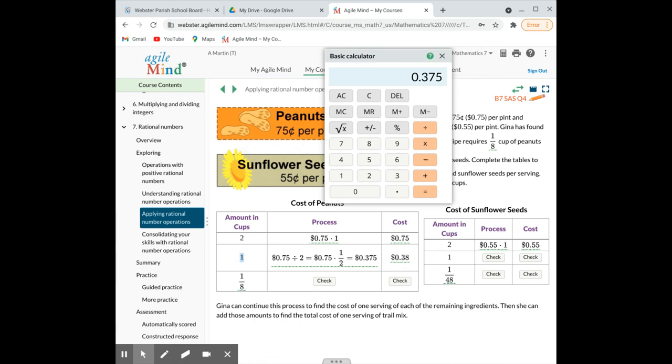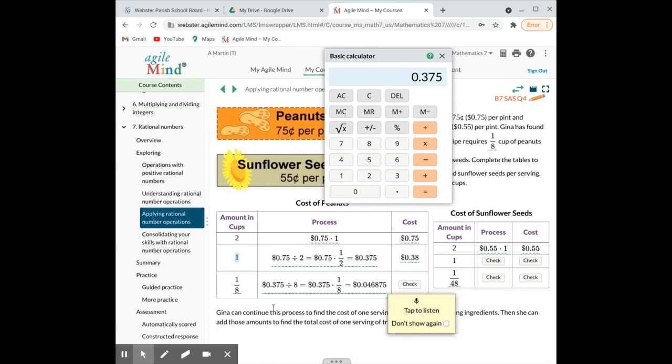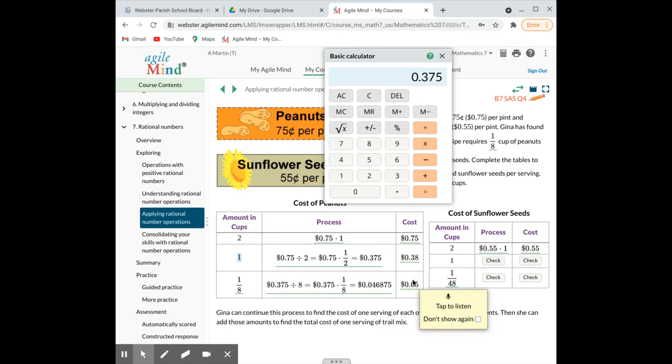Who can help her out? Divide. That would work. So we can divide by 8, and that'll give us our answer. So 1 divided by 8 is 1/8. So they did 0.375 divided by 8, or you could do 0.375 times 1/8, and you'll notice that we're getting 0.046, which would round to how many cents? 5 cents. Good job.